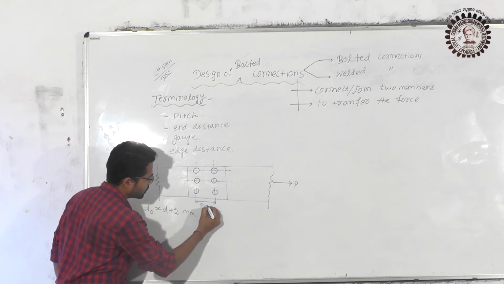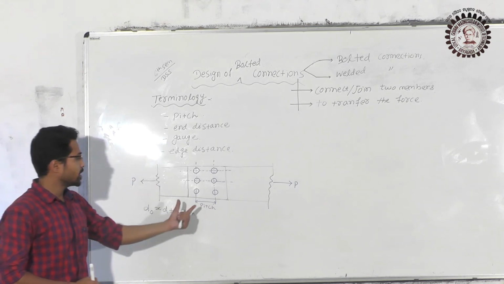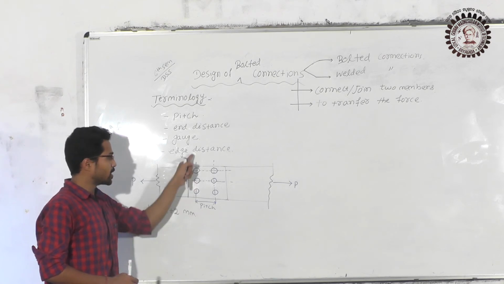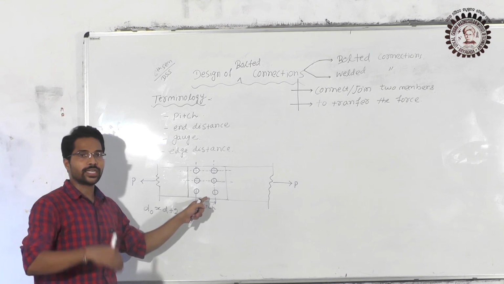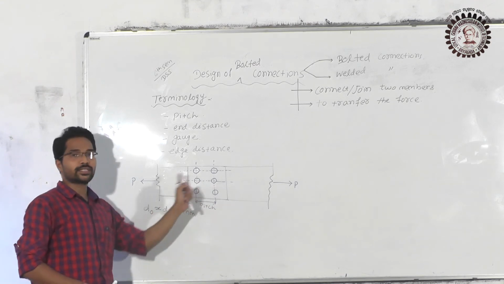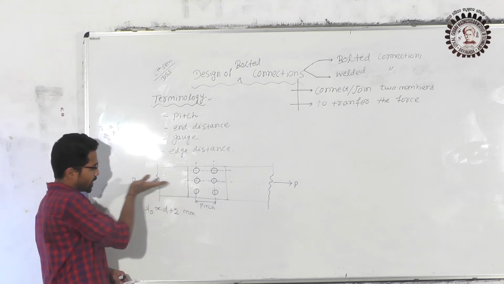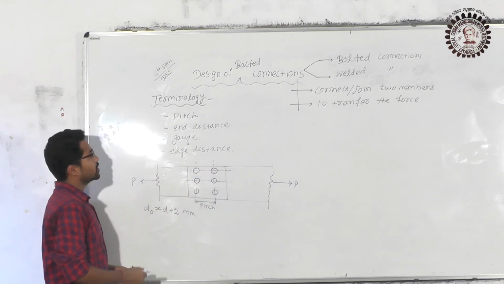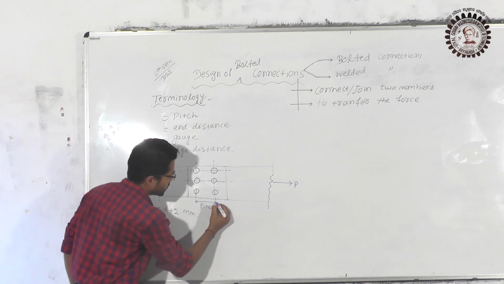This is your pitch. How can you define pitch? It is the distance from the center of one bolt hole to the center of the adjacent bolt hole in the direction of external force. See, the pitch is measured in the direction of your external force. Similarly, next is your end distance. This is end distance.